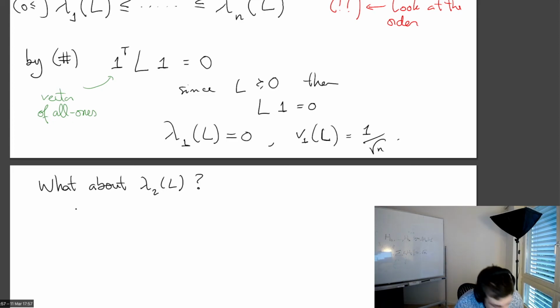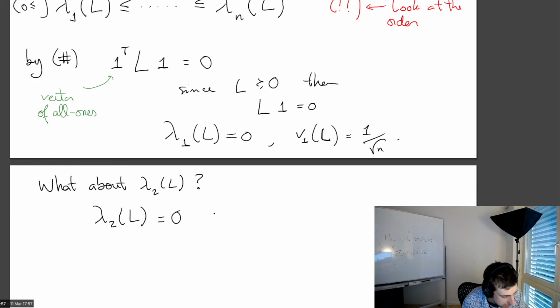Right, so can this be 0 too or not? So lambda 2, by the variational principle, which showed up a bit in the lecture notes, and will show up a few times in the homework. I'm assuming you've seen some of this in linear algebra.